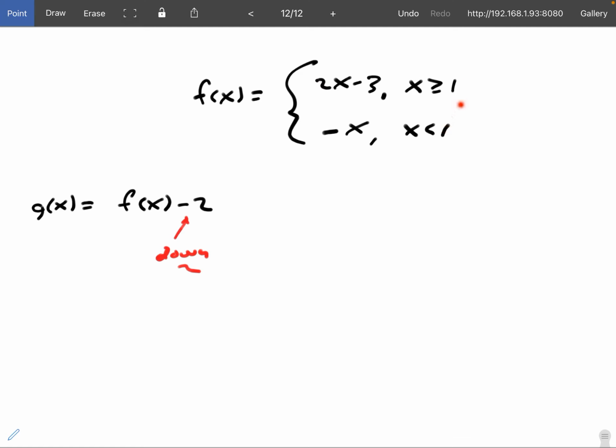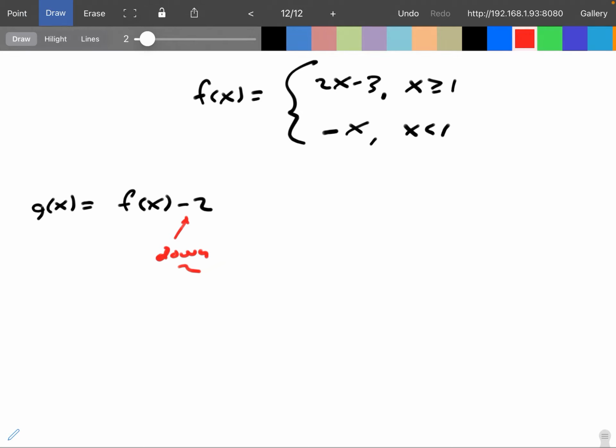Well, when it's a vertical transformation, then these are not going to change, okay? Those are going to stay the same, those 2 domains. Because if you just move this graph down 2 units, it's still going to be the one graph to the left of x equals 1, and it's going to be the other graph to the right of x equals 1. So the domains do not change on this one when it's a vertical transformation. So then all we got to do is subtract 2.